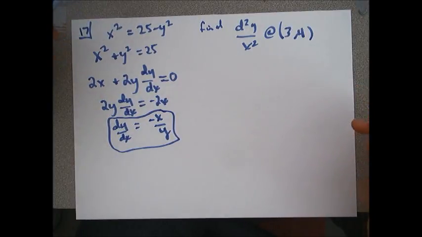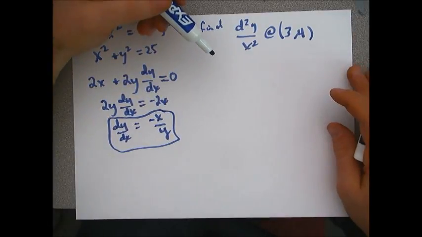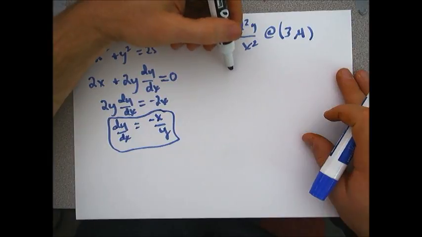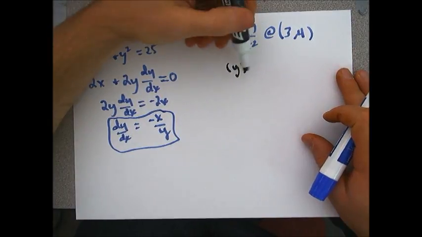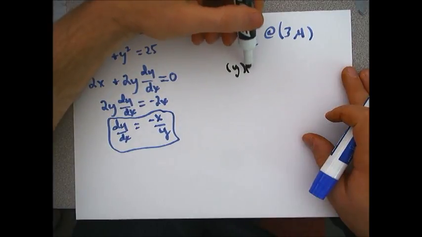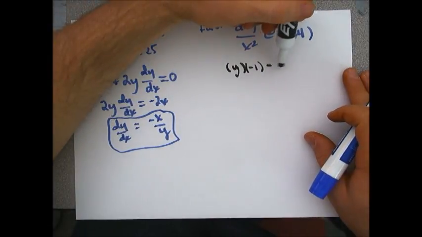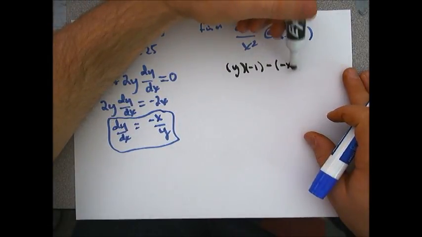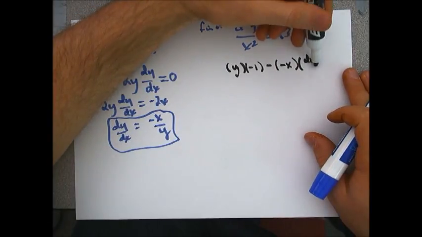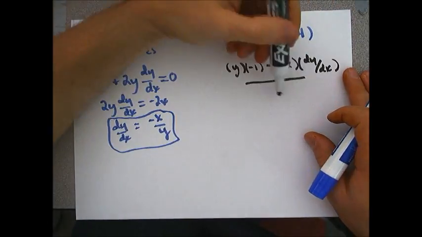I'm going to put a box around it because we've done some of these before, and you know when you take the second derivative you get dy dx's and we have to plug stuff in. So how do I find the second derivative? Need a quotient rule. So bottom times the derivative of the top. What is the derivative of the top? Negative 1. Bottom times the derivative of the top, minus top, negative x, times the derivative of the bottom, which is just 1 dy dx, all over y squared.